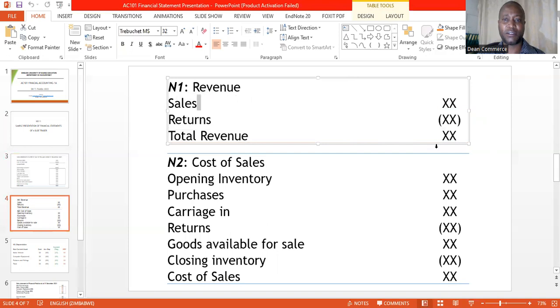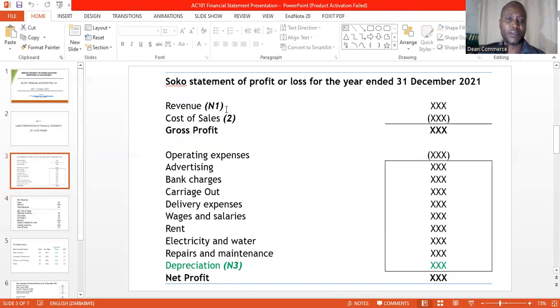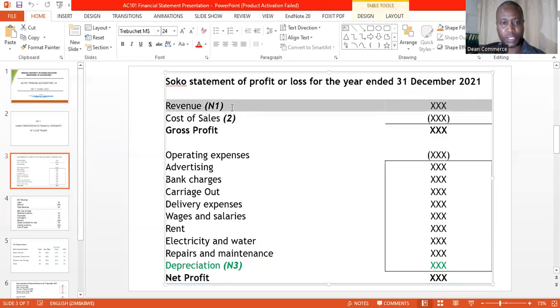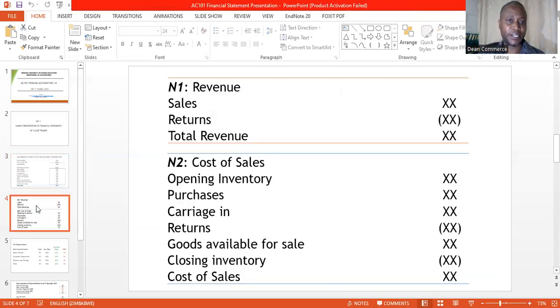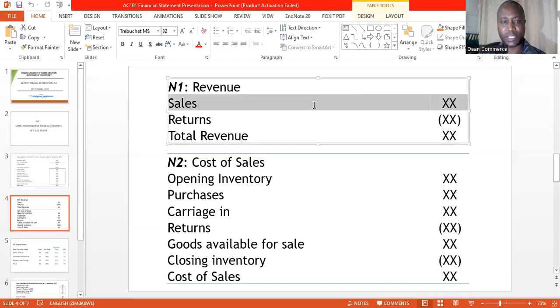So this figure of revenue here is the figure that we bring to the statement of profit or loss and other comprehensive income, which is this figure here. As you can see, there is a note here which says note 1 revenue, and this is how our revenue is calculated, which means in the trial balance you are going to have this figure, which is sales.